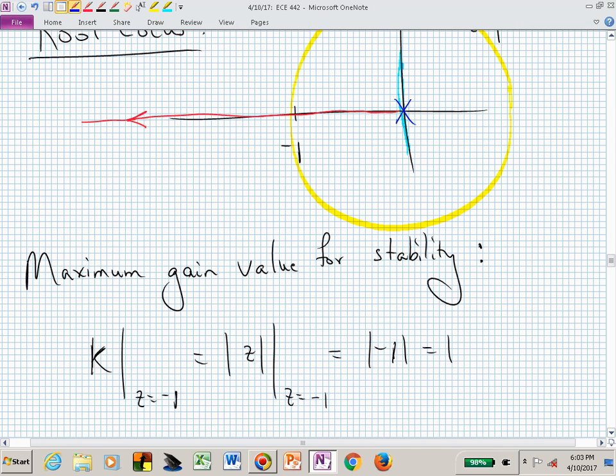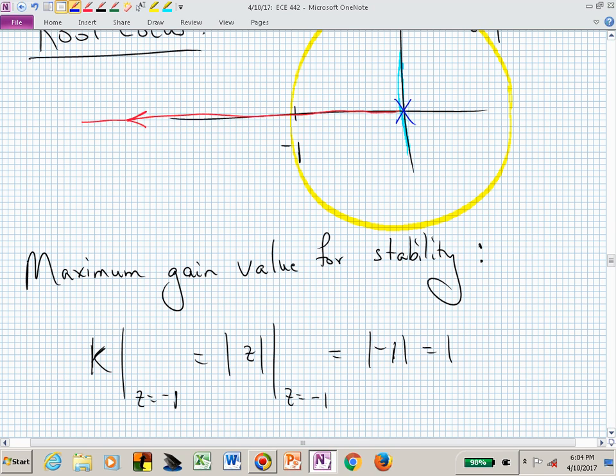So we evaluate k at that boundary, the unit circle boundary, which is z equal to -1. Our formula for the magnitude of k was just the magnitude of z for this simple system. We plug in -1 and find its magnitude, we get 1. Yes, so the question was, what's the meaning of that arrow on the red line?